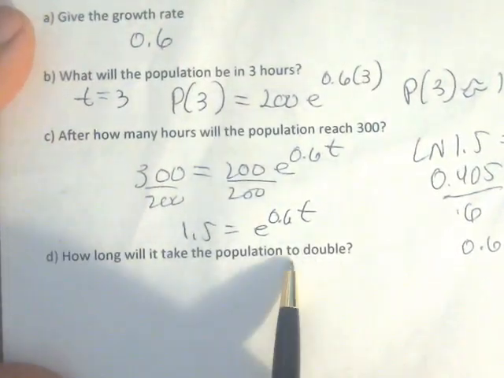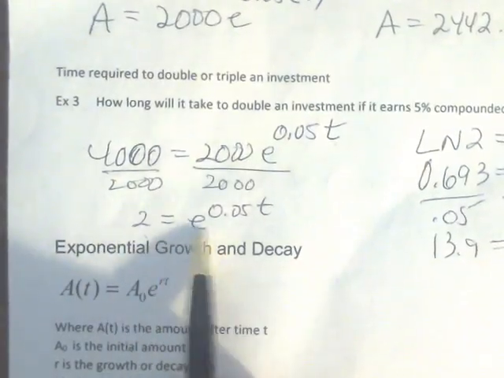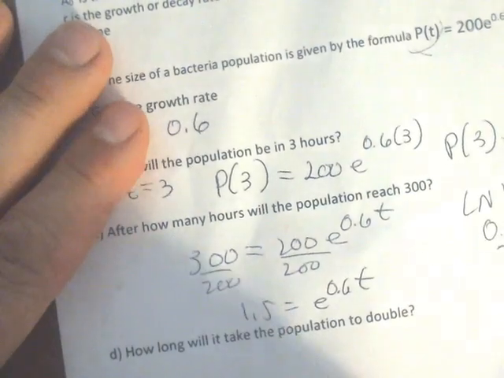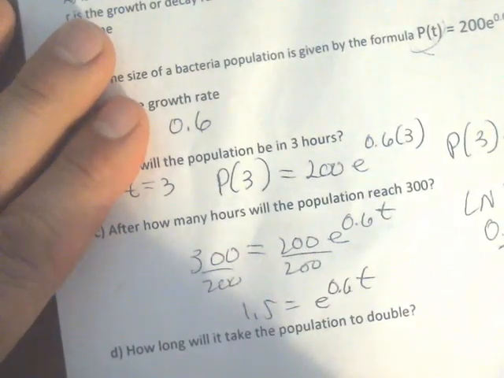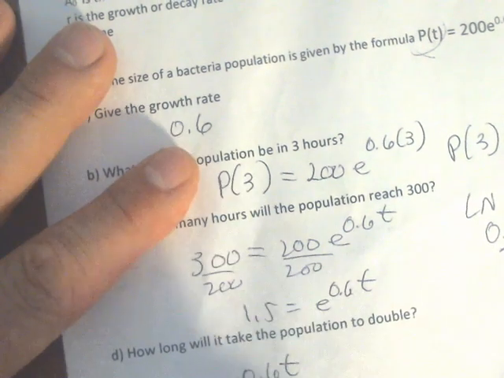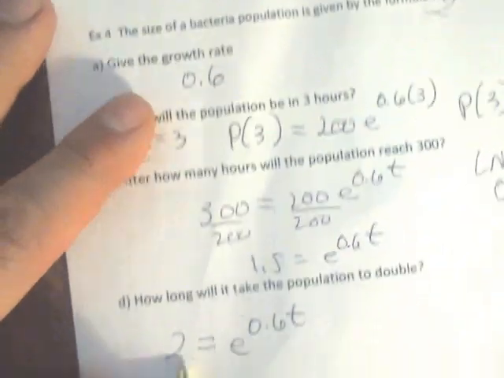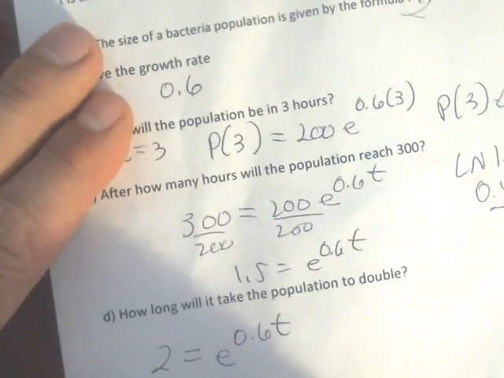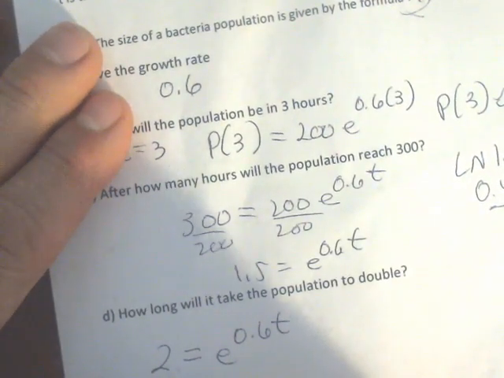D is very similar to what we did up here. How long does it take to double? So when I talk about the population to double, I want to solve 2 equals e to the 0.6t because that means doubling. Okay, so I change it to a logarithm. ln of 2 is 0.6t.